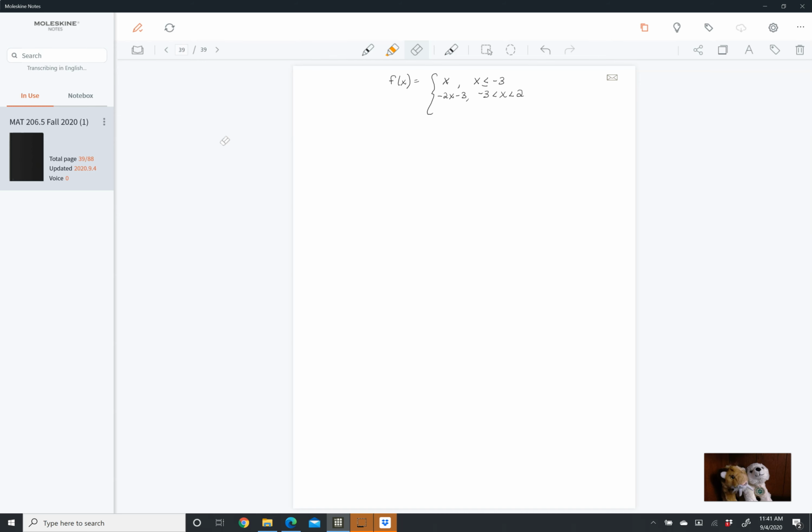Okay, so in other words, the first function is when x is less than or equal to -3. The second function is between -3 and 2. And the third function is, let's do 3x minus 2. And that's for all x greater than or equal to 2. Okay, so let's graph it.